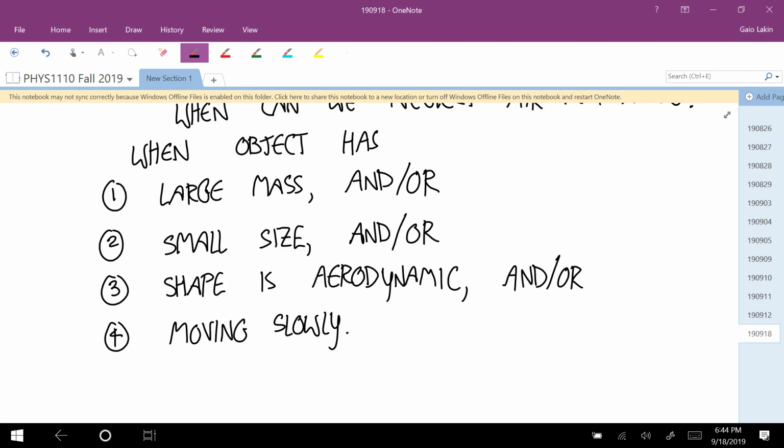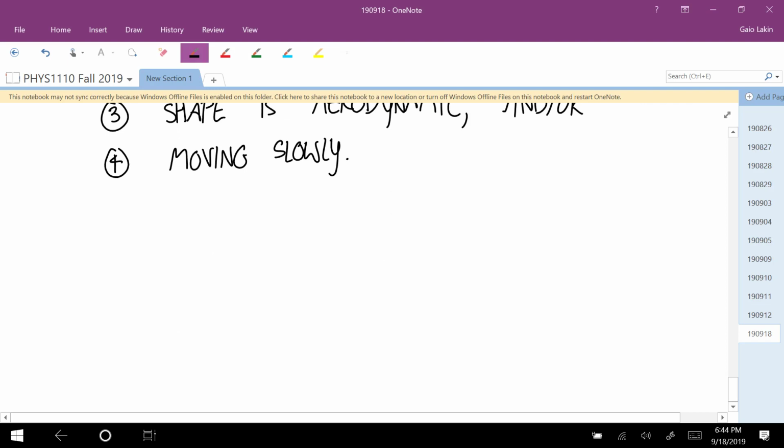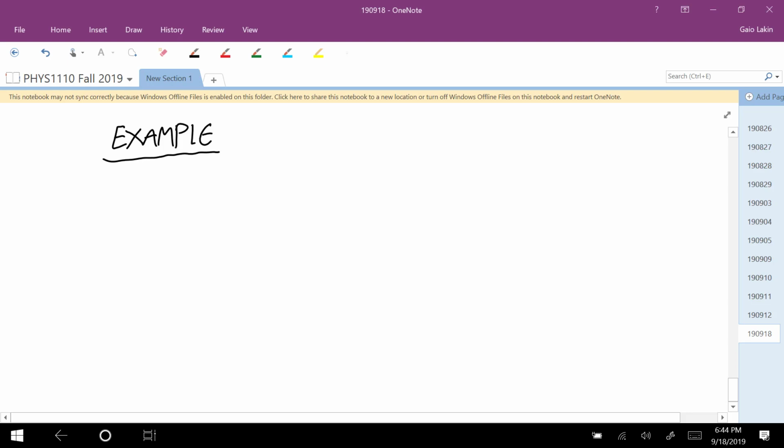Well, let's do a calculation. Okay, so let's say you're standing on a bridge and you don't know the height of the bridge.